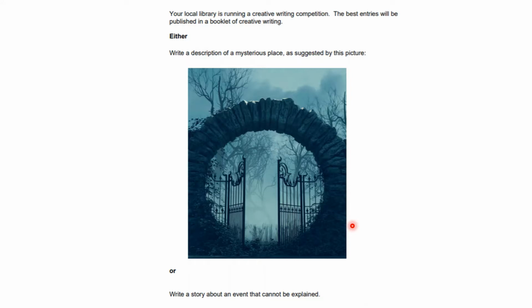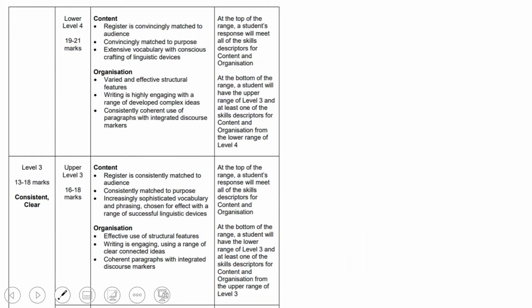So I want to also introduce you to the mark scheme, because this is worth 40 marks, and we need to be aware of what the examiner is expecting of us, so we know what we need to include to hit those 40 marks. So you have 24 marks available for content and organisation. That's separated here.